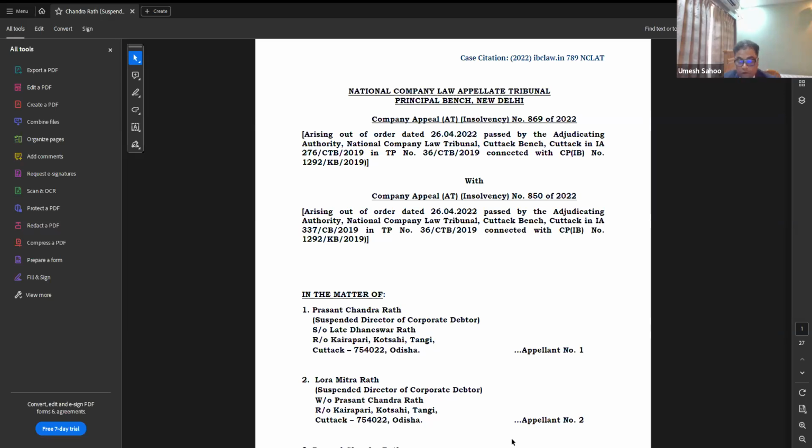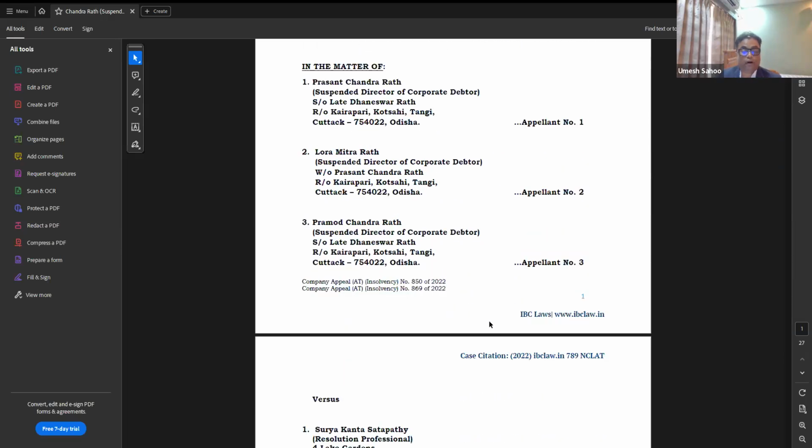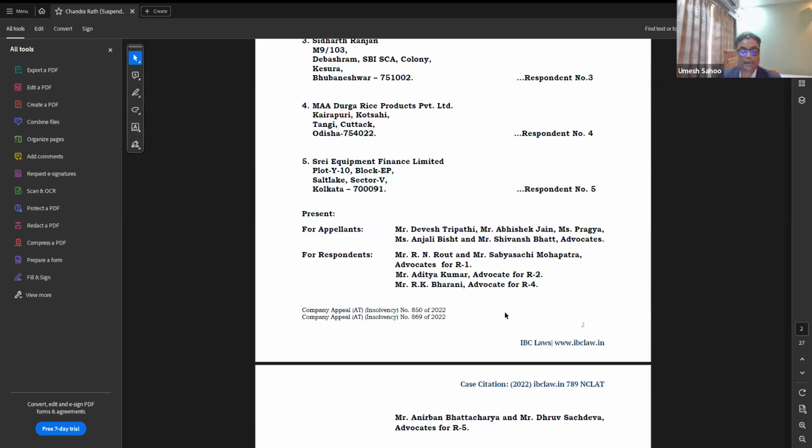So my question of law is whether the RP can file an application beyond the time period of 35A mentioned in the Code. Here the question of law has arisen.